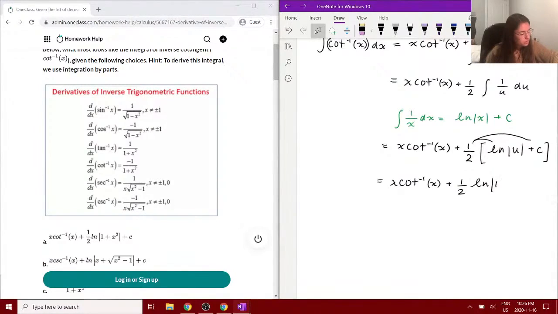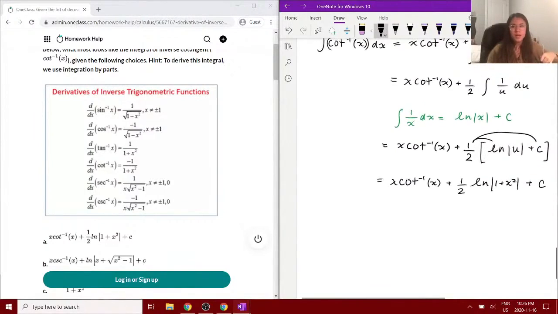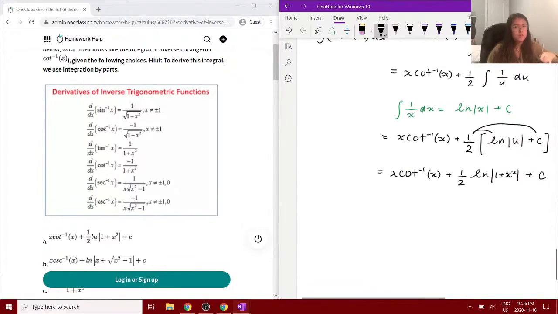So that's 1 plus x squared, absolute value, plus, multiplying the c by 1/2. When you distribute it into the bracket, that's still a constant, so you can leave it as c, okay? And this is what we got.